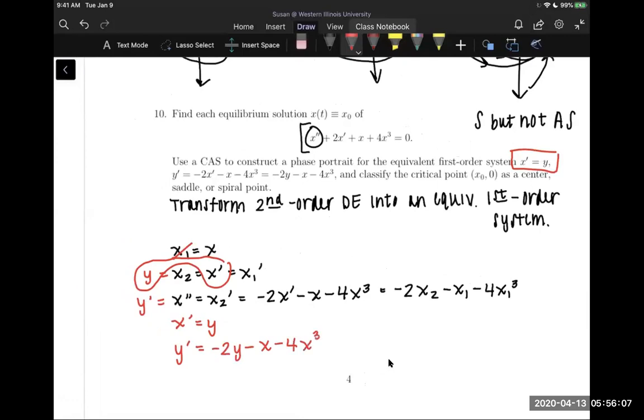All right, and so you'll notice that's precisely what they got for this system right up here. But I just wanted to go through and derive that so that we're all on the same page.